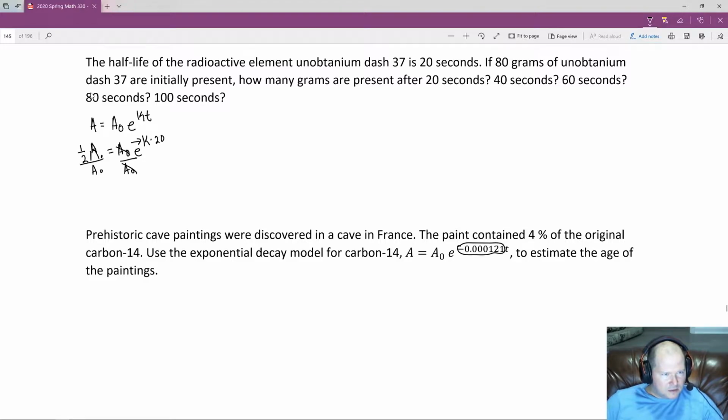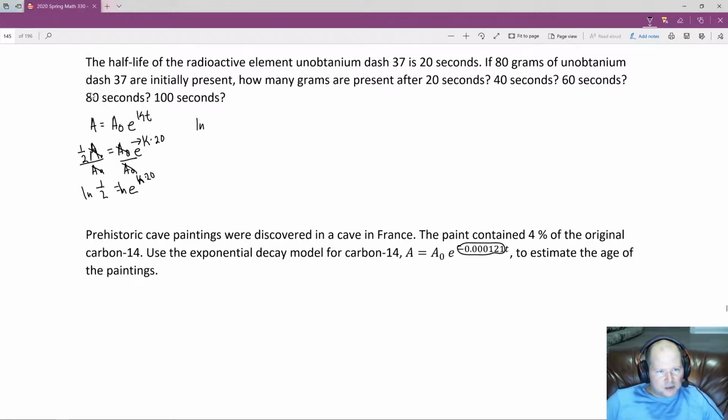And those go away. And we end up with 1/2 is equal to e to the k times 20, or just 20k. Next we're going to take a natural log of both sides, so we can get that variable k out of the exponent.